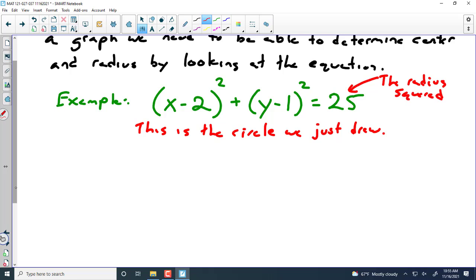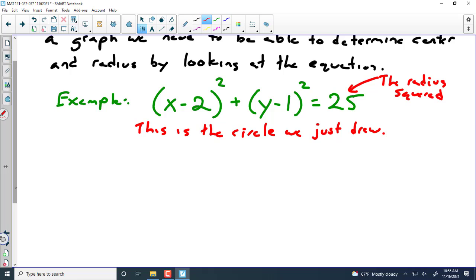Do you see anything that tips us off that the center of the circle was at 2, 1? The X and Y positions. Yeah, the numbers next to the X and Y. What do you notice about them, though? They seem to have reverse signs for what we think they might have. Does everyone see that?